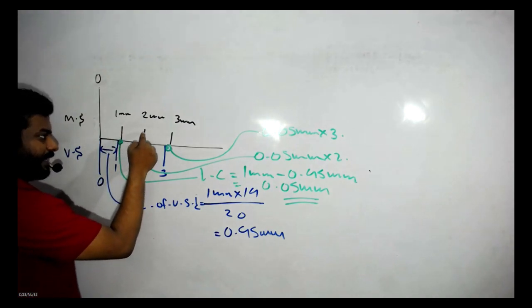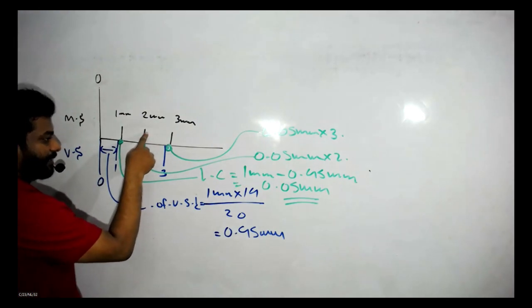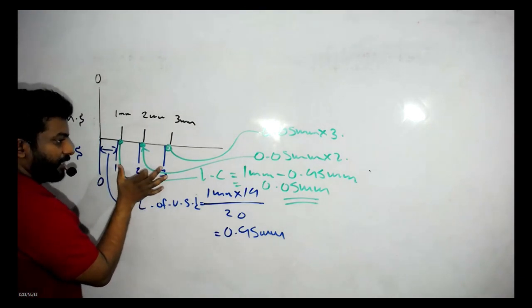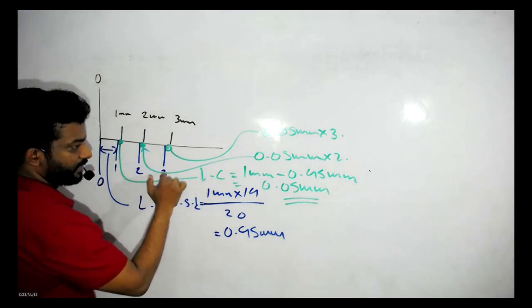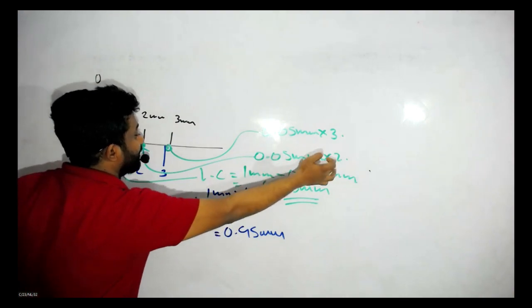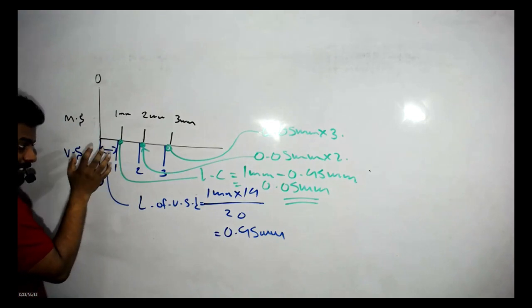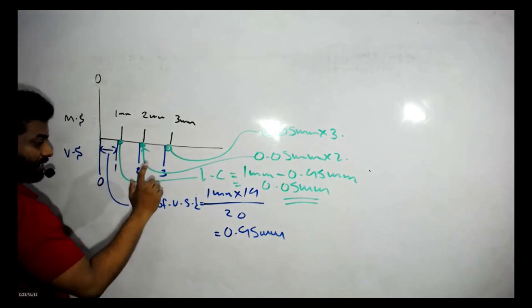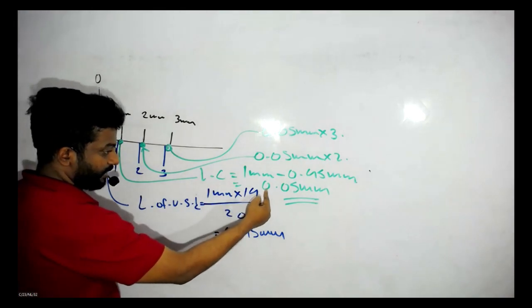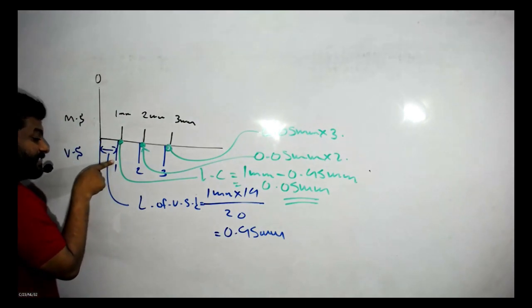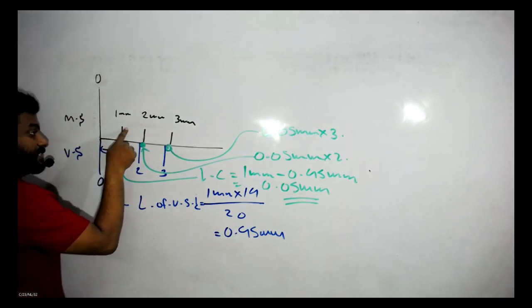Right, to coincide these two divisions, second millimeter division and second vernier division, you have to shift this scale towards the right side a distance 0.05 millimeter into 2. That is, if you shift this scale towards the right side a distance 0.05 millimeter, then you can coincide the first vernier division and first millimeter division.